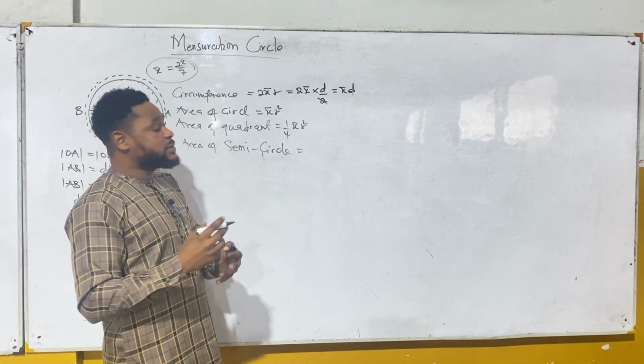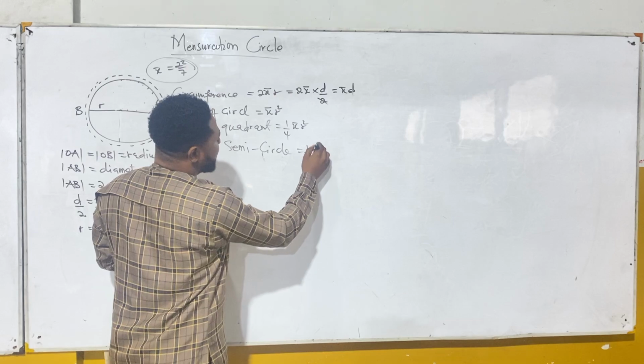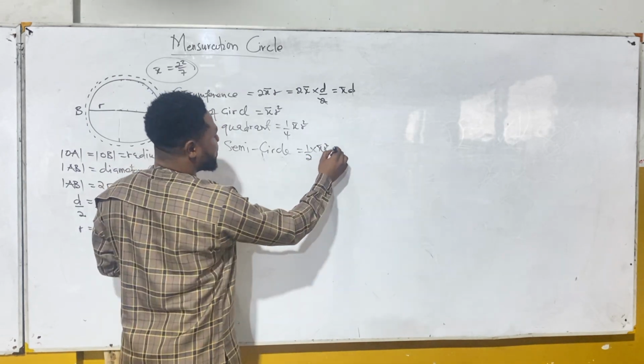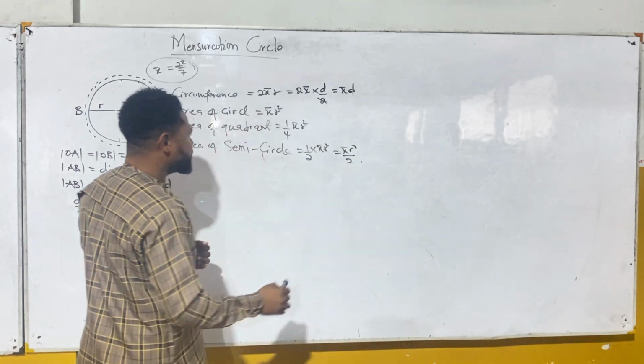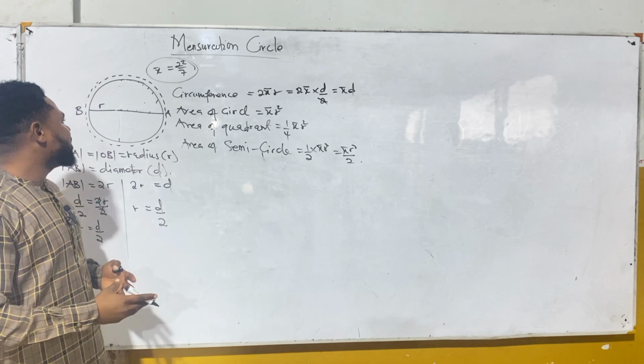Semi means half, so it means 1/2 multiplying the area of the circle, which gives us pi r squared all over 2. So these are some formulas that we can have here.